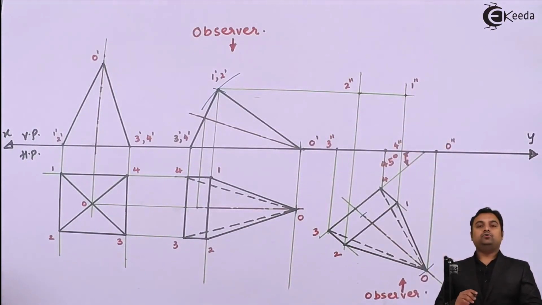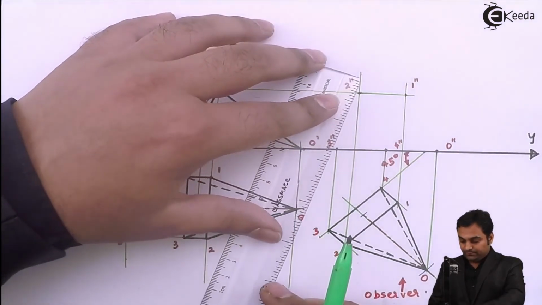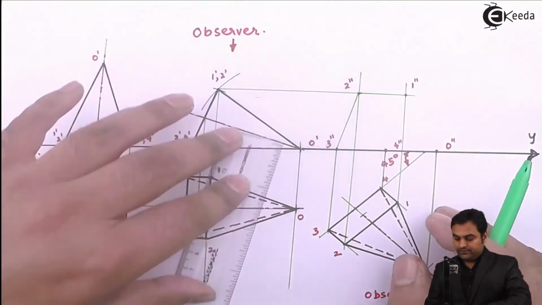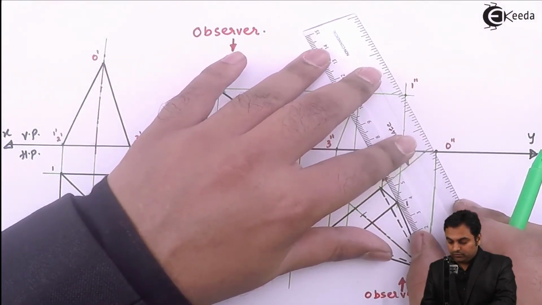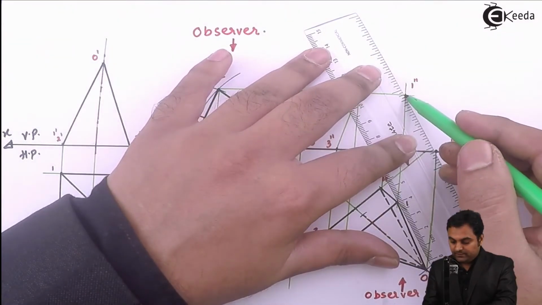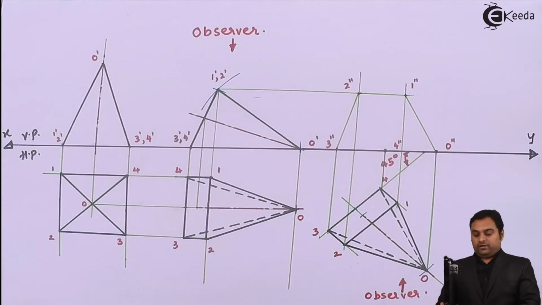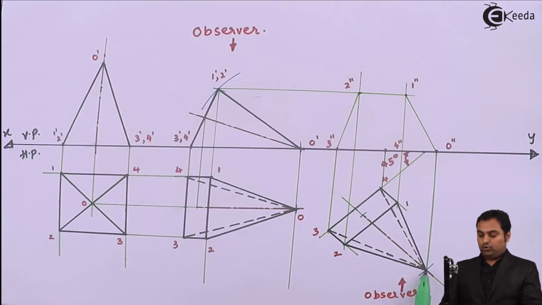Now, how to join these points? First of all, the outline will never be hidden. So 2 to 3 will be a solid line. Next, O to 1 or O double dash to 1 double dash will be the solid line. Now, if the observer is here, the closer edge to him is O to 2, so that will be visible.